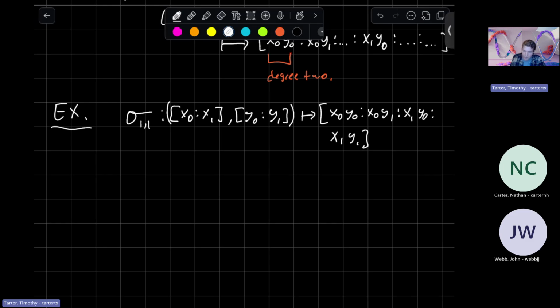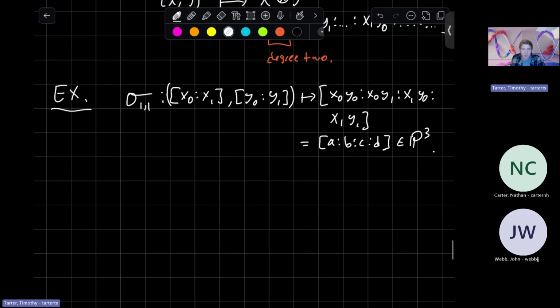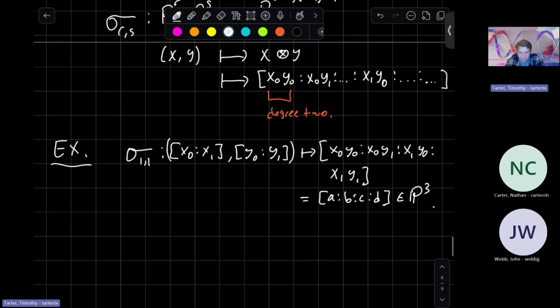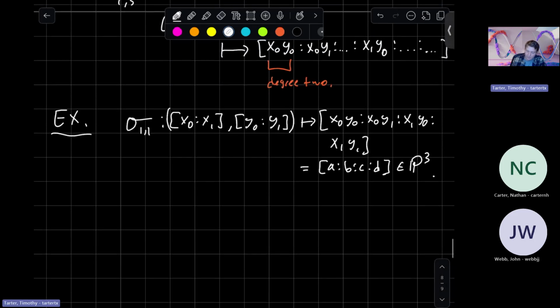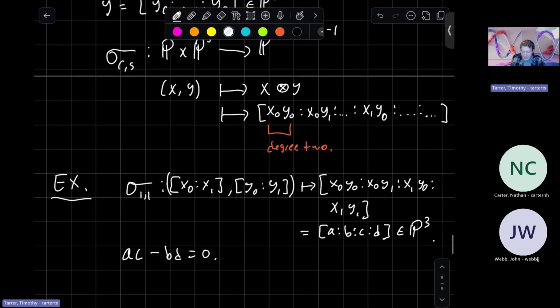We'll call this equivalently A, B, C, D in P3. We can see that these coordinates end up satisfying AD minus BC equal to 0.